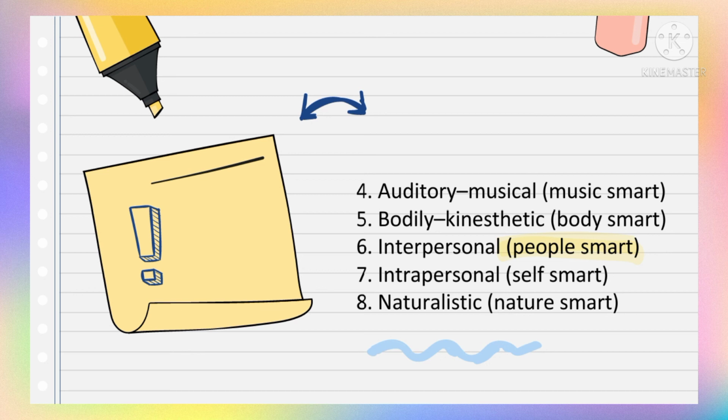So those are the eight independent ways of processing information by Howard Gardner.